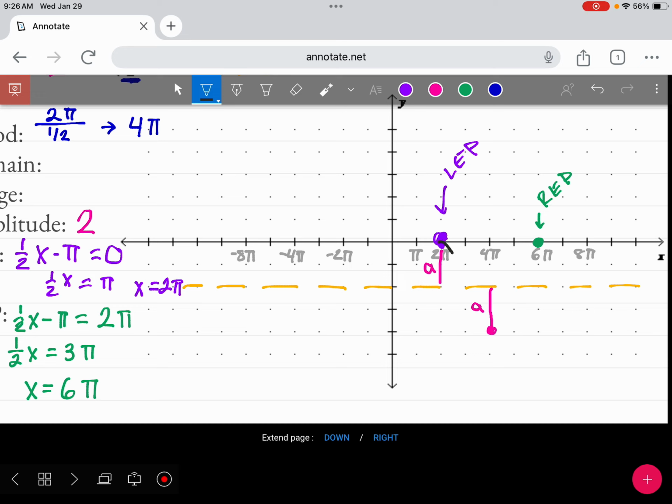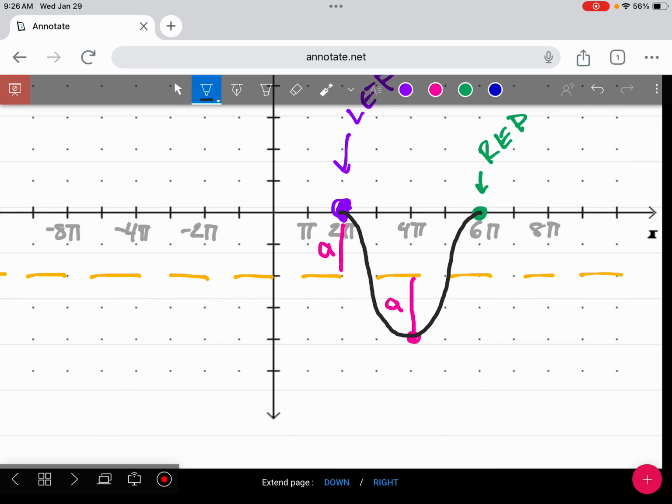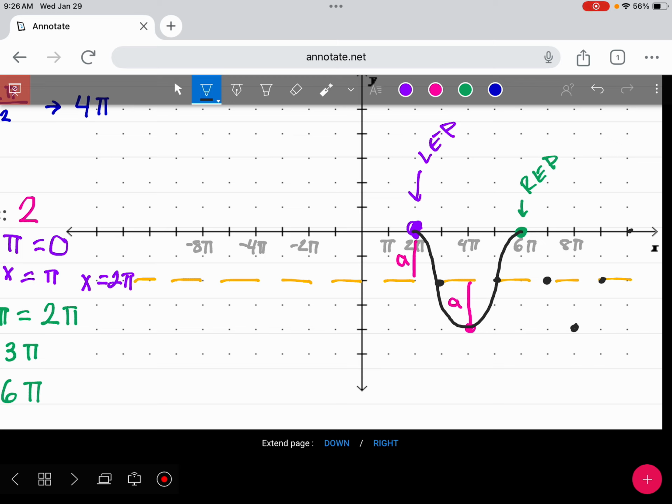So we're going to have our first kind of cosine cycle is going to look like this. Then we just repeat our pattern. You could also hit those 0 points in the middle. Like if you want to dot them, go for it. Our zeros are hitting right in between our two amplitudes. So we can go with our 0, down 2, 0, up 2, 0, down 2, 0, up 2.